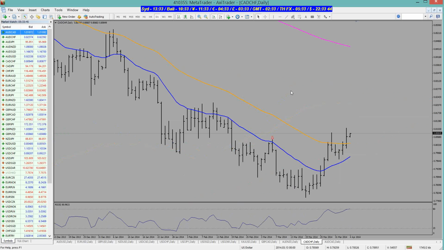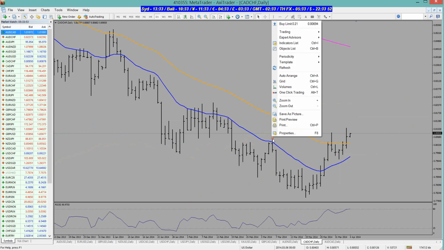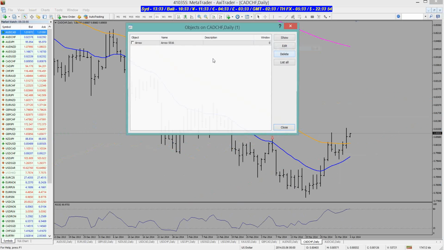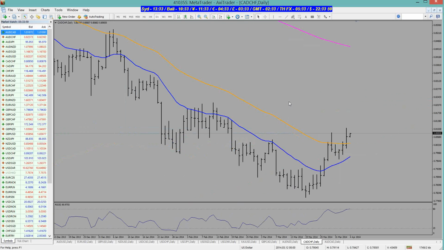Cool. So do you move your stop when the market's rocky? I move my stop when the market tells me to move my stop, not when it's rocky.